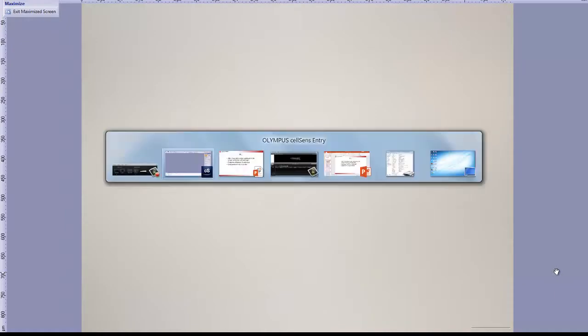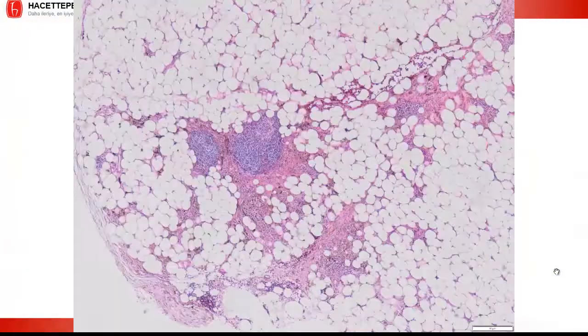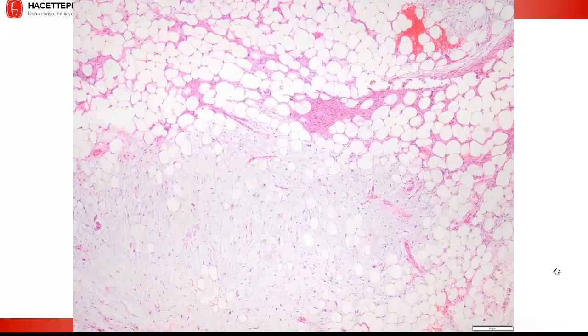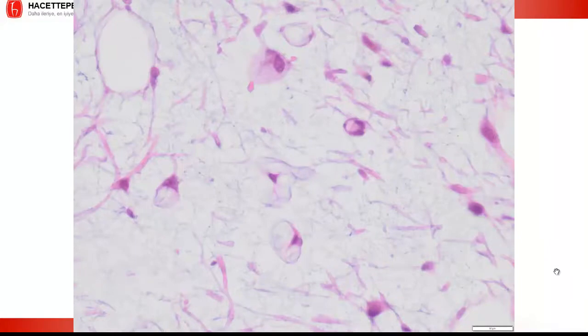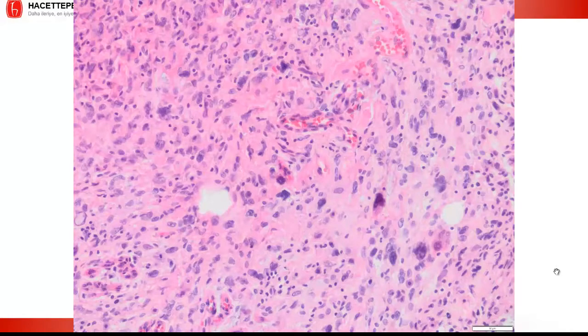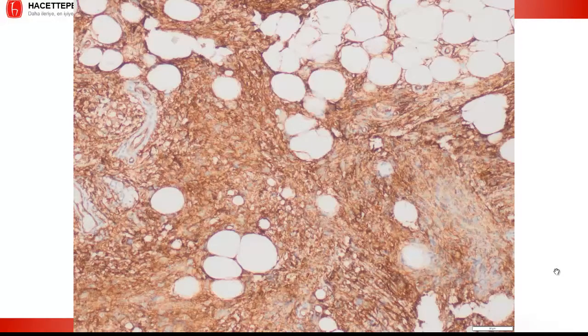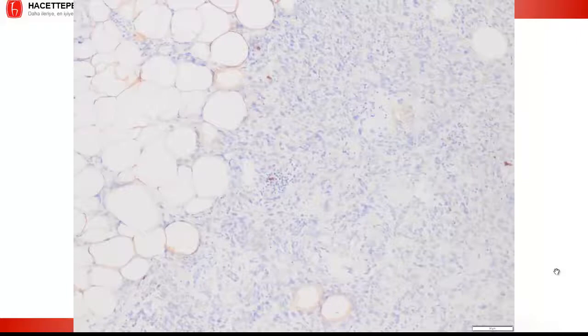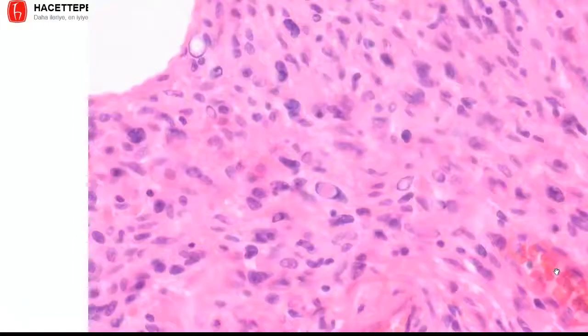So, just a quick review of the findings. As we see here, some lipoblasts in the myxoid areas and some hypercellular areas with hyperchromatic, ugly looking cells resembling pleomorphic sarcoma or myxofibrosarcoma, and CD34 is positive. And here are the intranuclear inclusions.